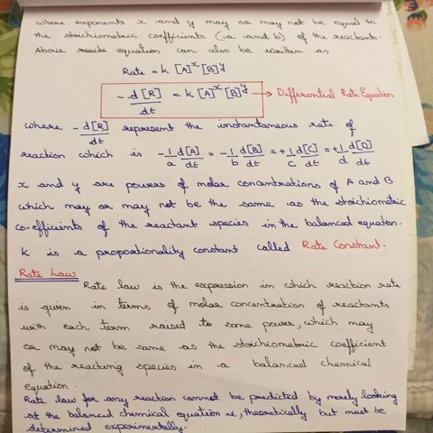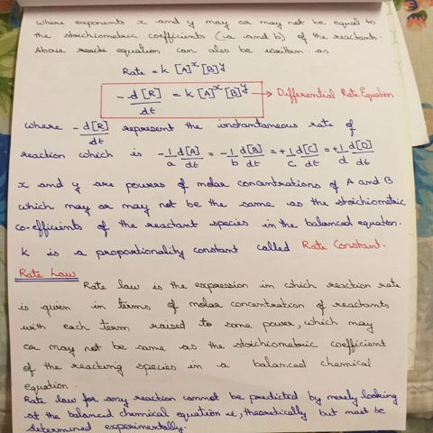That means it is an experimental quantity. We cannot find the values of x and y by just looking at the stoichiometry. They are found out experimentally. Sometimes they may be equal to a and b, but in some cases they may not be. So, we introduce new exponents x and y in the rate expression.